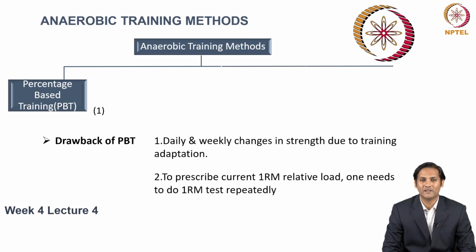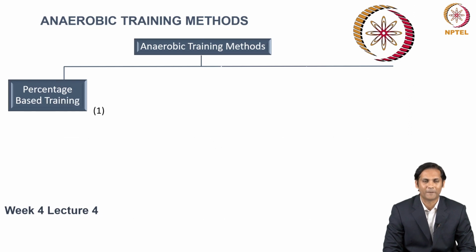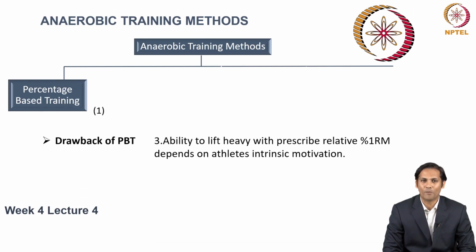The second drawback is that to prescribe the current 1 RM relative load, you need to perform the 1 RM test repeatedly every week for every session, which is practically not possible and not recommended. Another drawback is that the ability to lift heavy weight with the prescribed relative percent 1 RM depends on the athlete's intrinsic motivation.